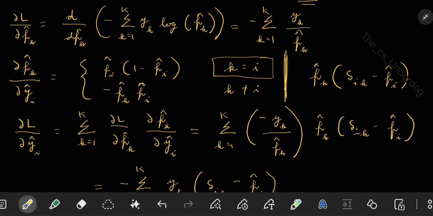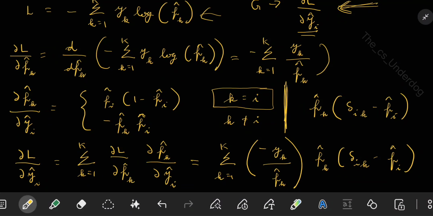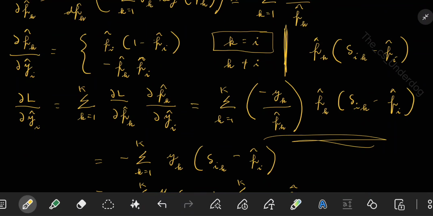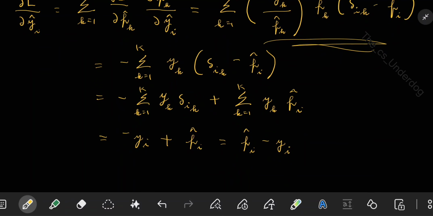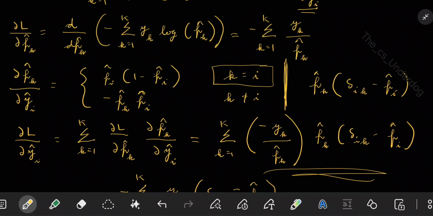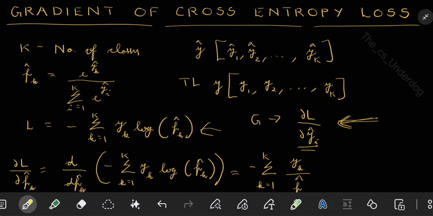For those parts, we found the derivatives separately. And once we had the derivatives separately, we combined both of them in order to reach a better form. So finally, we found out that pi cap minus yi is the gradient of the categorical cross entropy loss function, right?